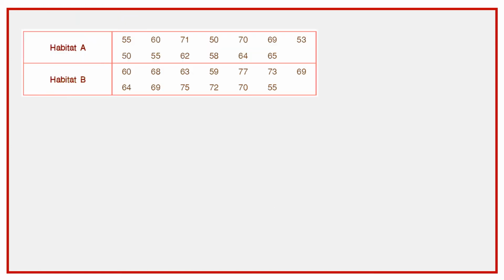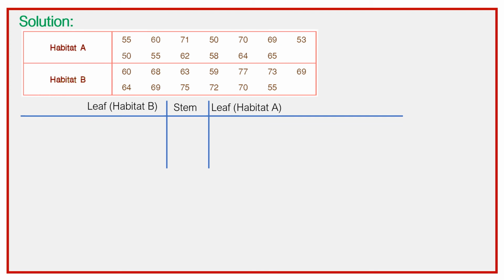Now, let us get the solution. So, we will have one stem and then two leaves, A and B. Now we will begin with habitat A. For habitat A, we have got 50 as the smallest data point.